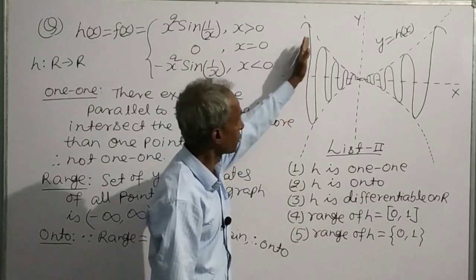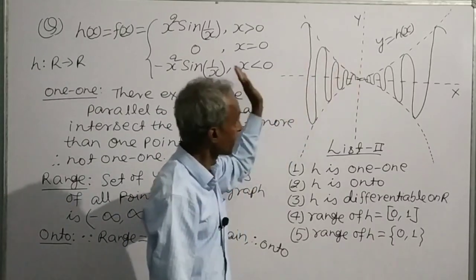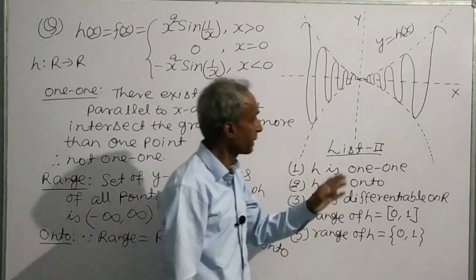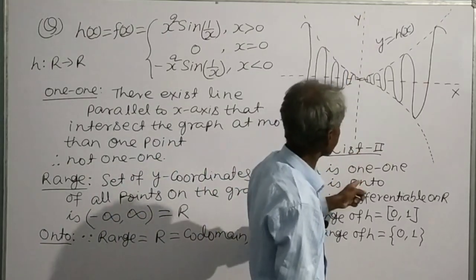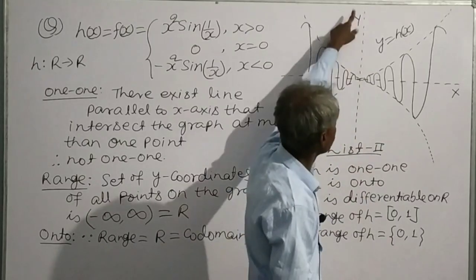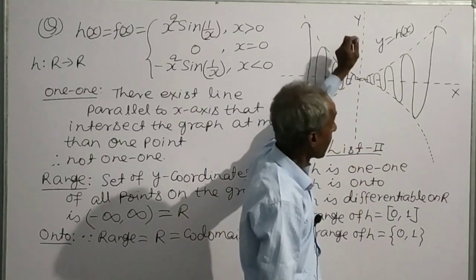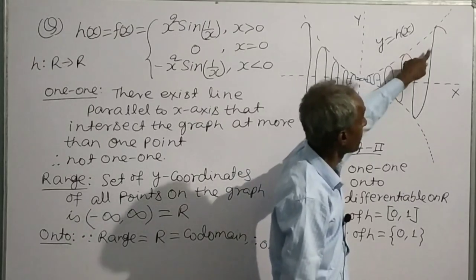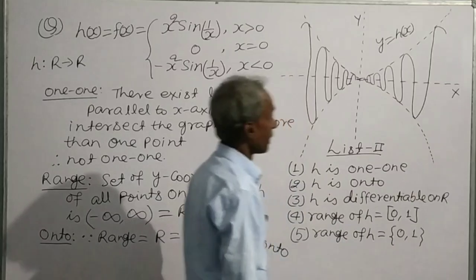Similar is the situation on the left-hand side of the y-axis. That means any number lying on the y-axis from minus infinity to plus infinity is the y coordinate of some point on the graph.